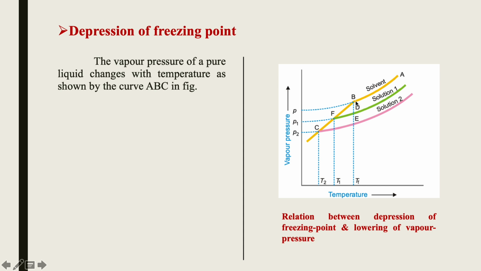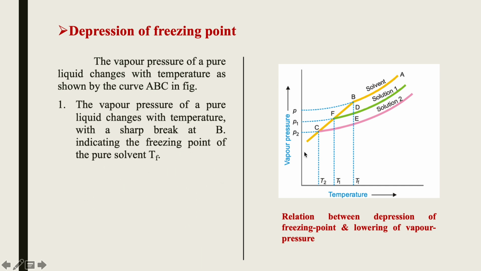Further, as you decrease the vapor pressure, your freezing point also will shift to the left hand side as shown in this graph. So the vapor pressure of pure liquid changes with temperature with a sharp break at B, indicating the freezing point of the pure solvent, that is TF.